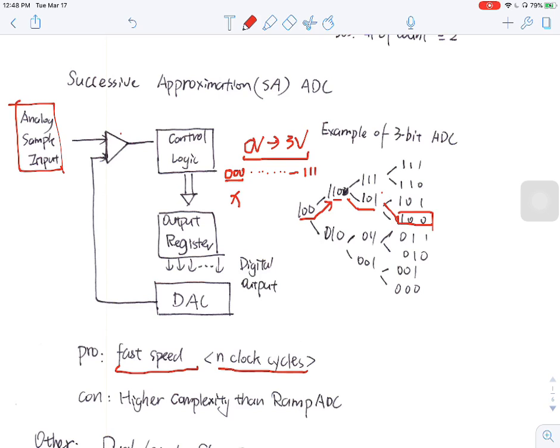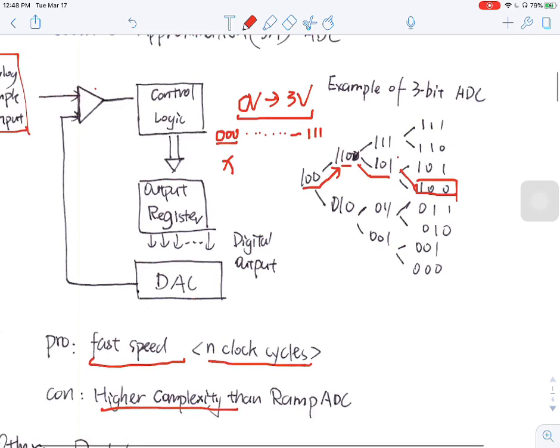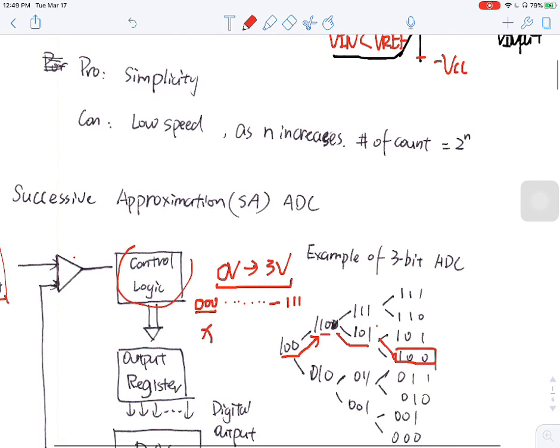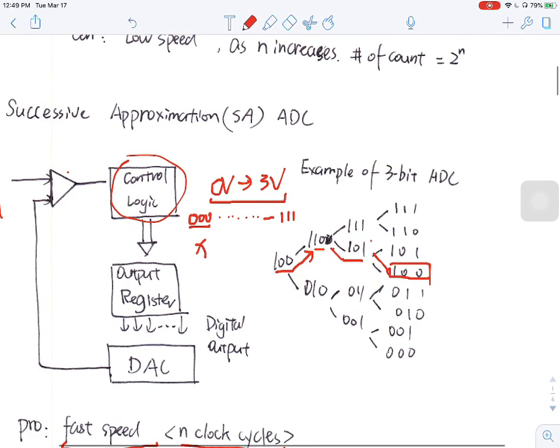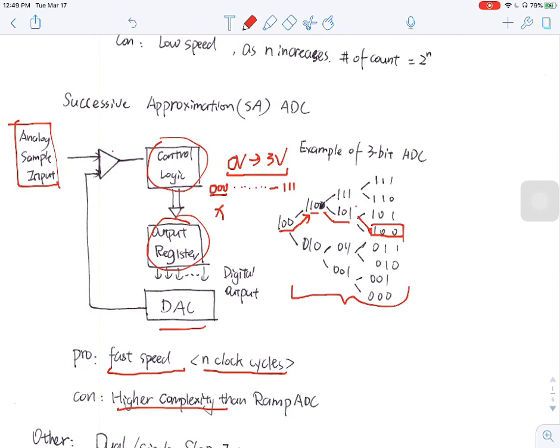If we have a 3-bit ADC, then you only need 3 clock cycles. The con is it has higher complexity than the ramp ADC. The complexity comes from the control logic. You have to use logic gates to represent what is going on here, and you also need a data register to convert everything to a digital output for the DAC. So it's more complex than the ramp ADC.